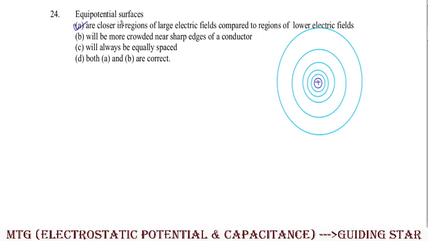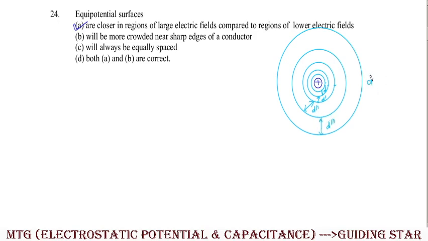Similarly here, if you see the first three equipotential surfaces, 1, 2 and 3, then the spacing between them is gradually increasing. The spacing between the first two, if it is D, then the next two will be D prime, the next two D double prime, and the next two D triple prime.